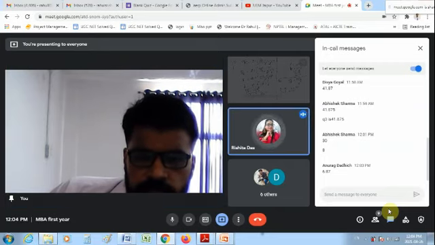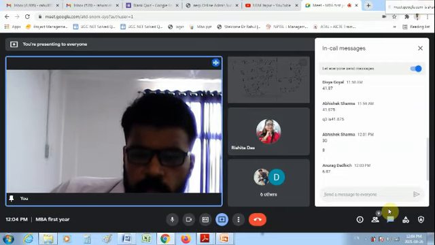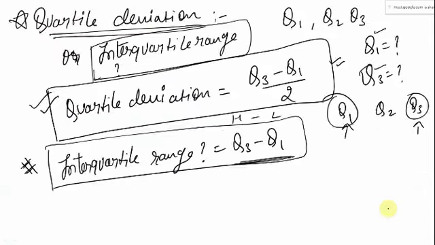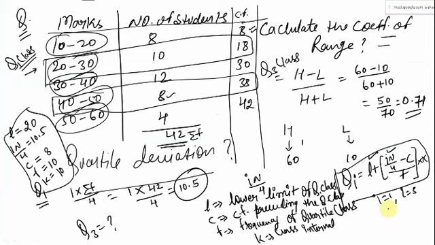I guess no, no, not that. See, how can you judge whether the answer will be somewhere there? We have selected this class, so it has a meaning. That value for Q3 will be somewhere between these 40 and 50.